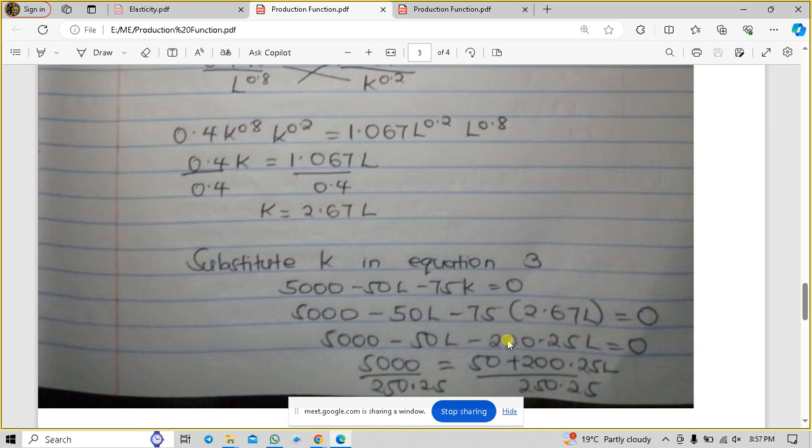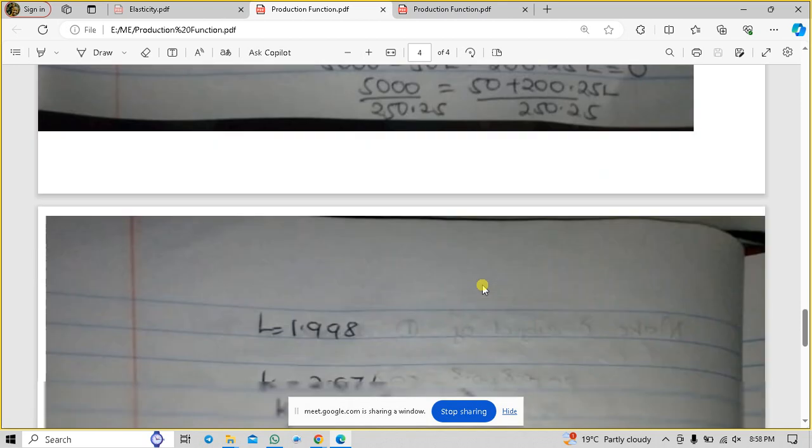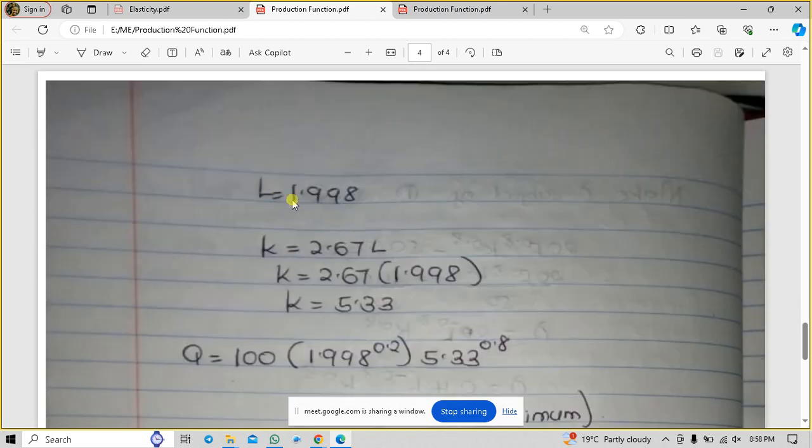Minus 50L minus 200.25L, using a calculator gives you minus 250.25. Take it to the other side. Yes, 19.98. So this one here, I made a mistake. It should be 19.98, not 1.998.